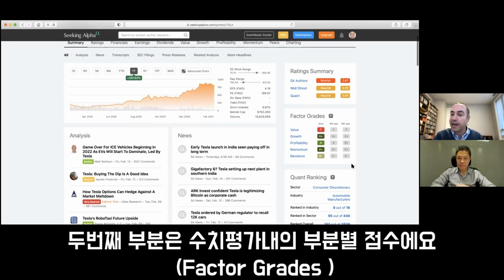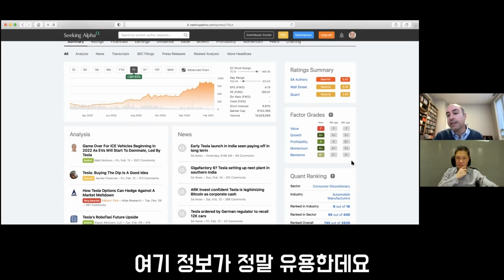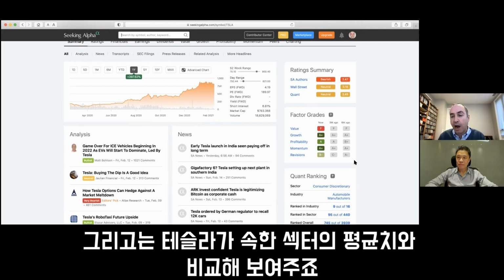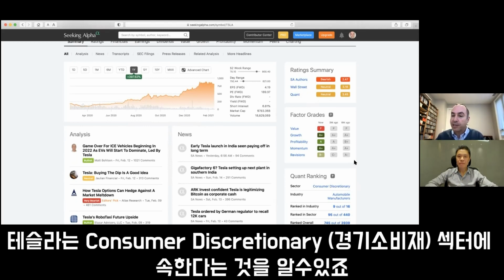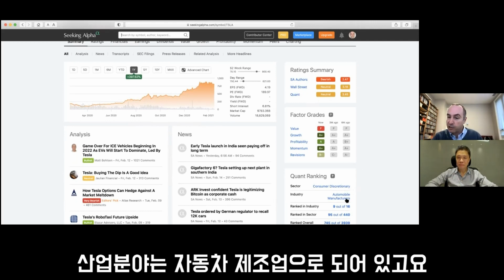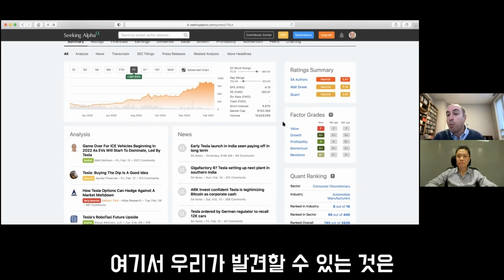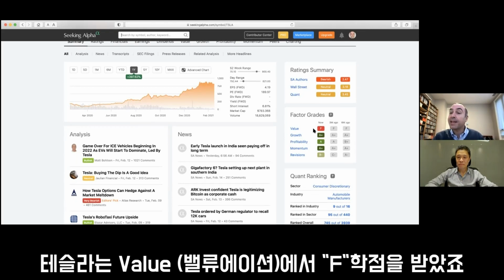The second unit is the factor grades, and this I think is really useful. What this does is it summarizes all the data on Tesla in comparison to all of the other stocks in Tesla's sector. So you can see that Tesla is part of consumer discretionary, and its industry here is automobile manufacturers. And what I see here is it gets an F grade for value, right?